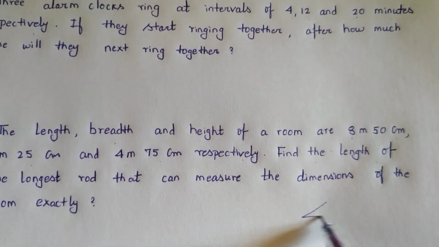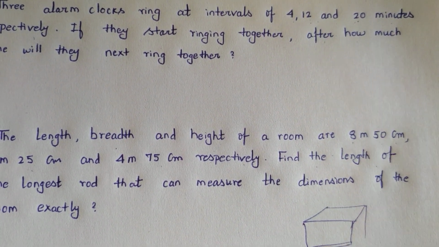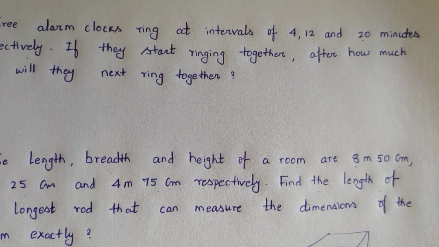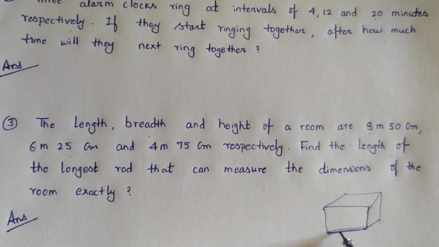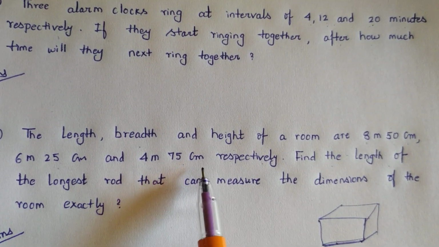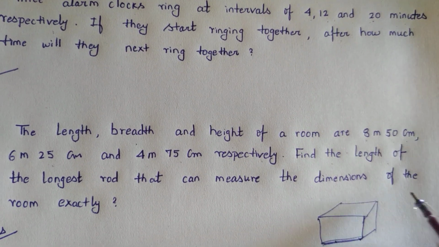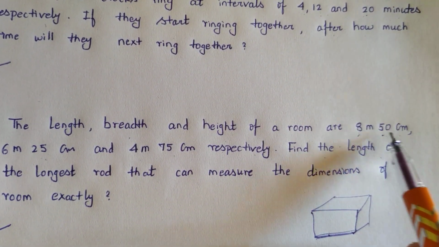Now we have to find the length of the longest rod which can measure length, breadth and height exactly. This means that the required length divides the length, breadth and height exactly. So first convert 8 meter 50 centimeter into centimeter.